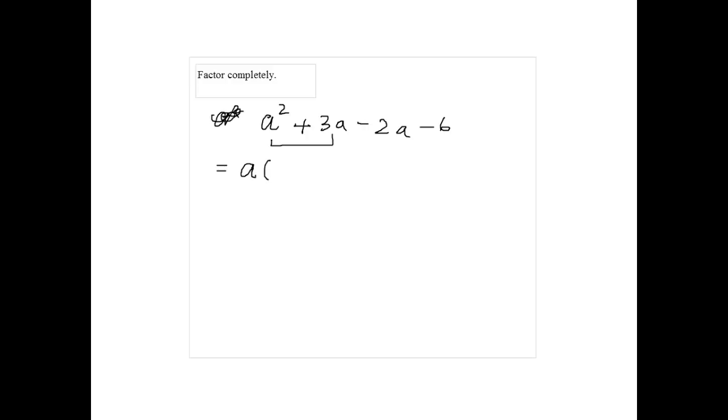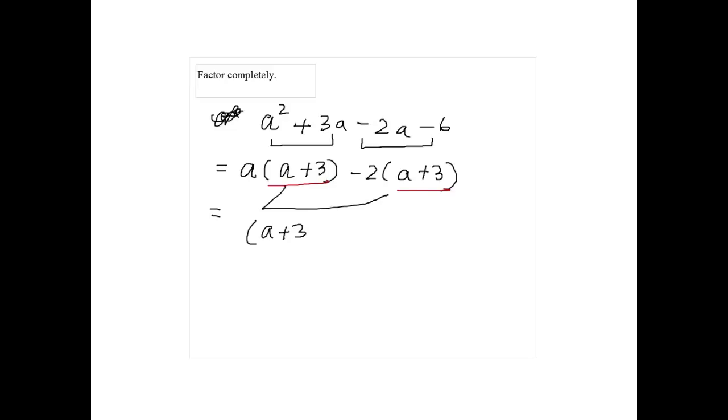Factoring out a from both terms, we have a times a plus 3, and by factoring out negative 2 from both the second terms, we have negative 2 times a plus 3. Notice that these two terms now have a plus 3 in common, so we factor out a plus 3, and a minus 2 will go in the second parentheses.